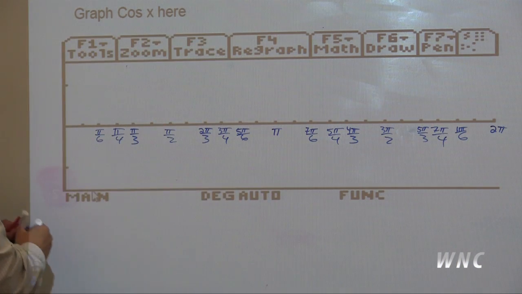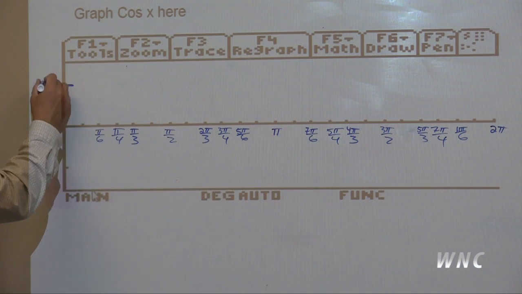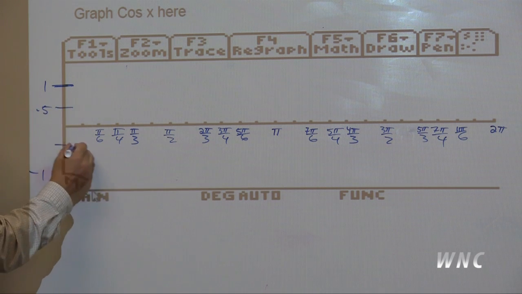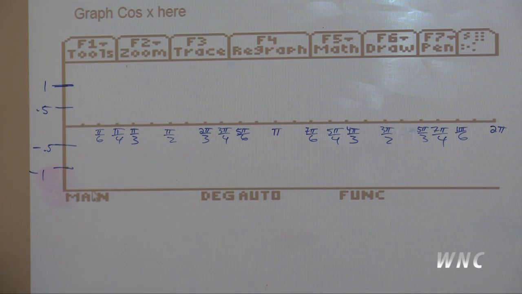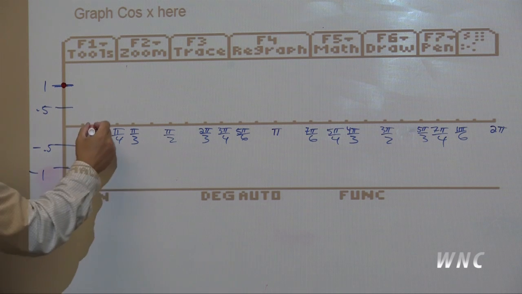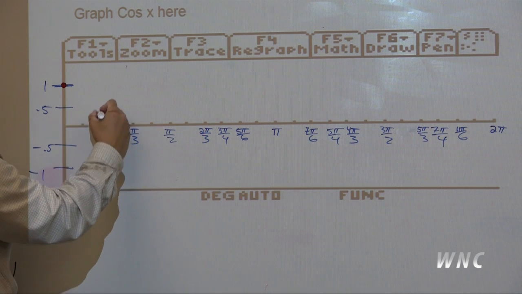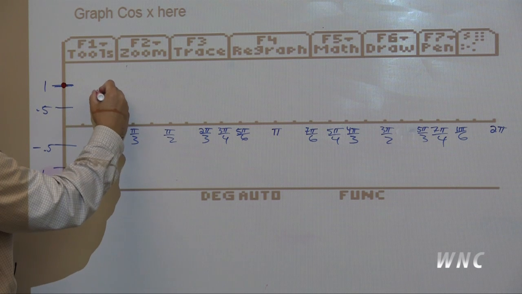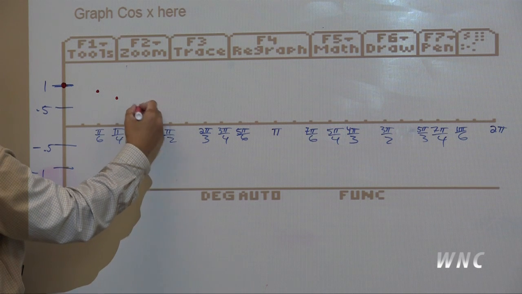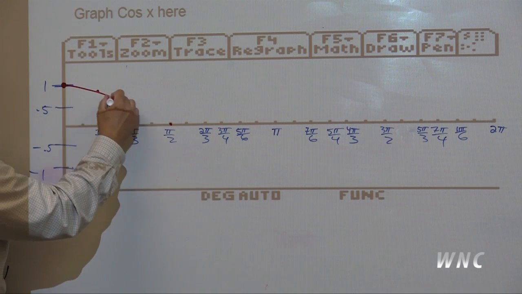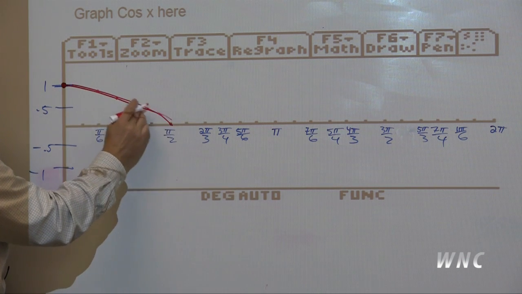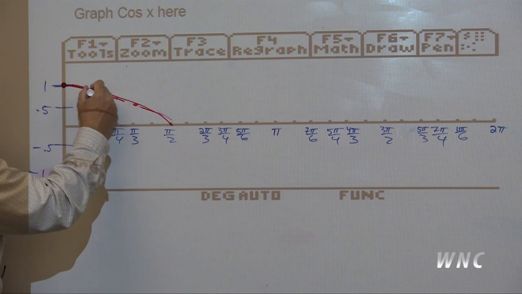So cosine, as we said, starts out up here at 1. And then we're at 0.86. Then we're at 0.7, 0.5, and then 0. So my curve doesn't look that great. Should be up there a little more.